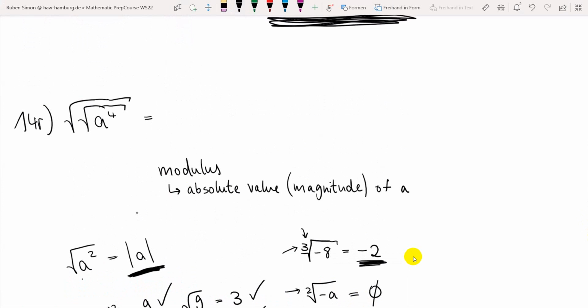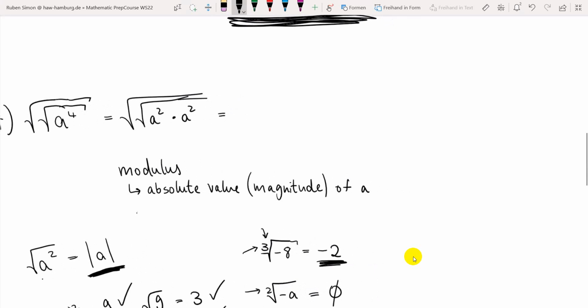So the first thing we would have done maybe is just to split up the a to the power of 4 into a squared times a squared, right? So this is what I would have done. And then you can apply one of the root rules.